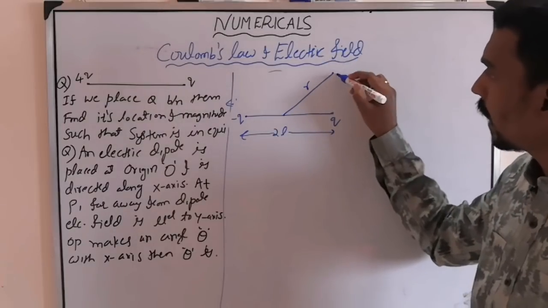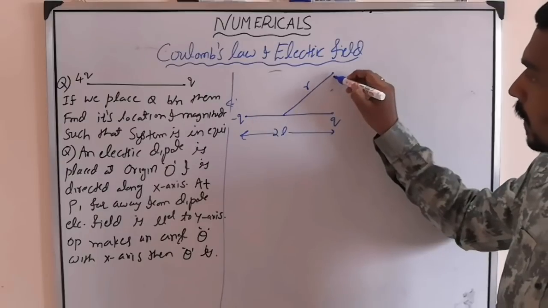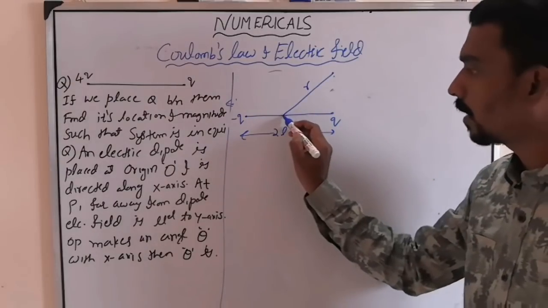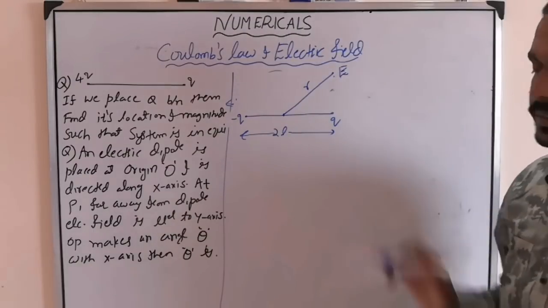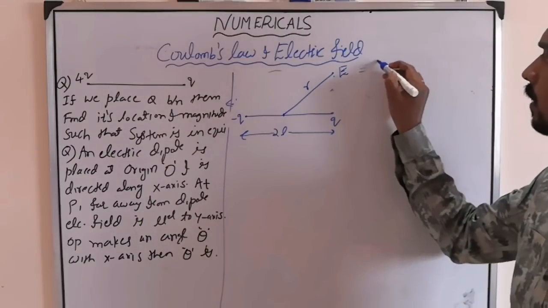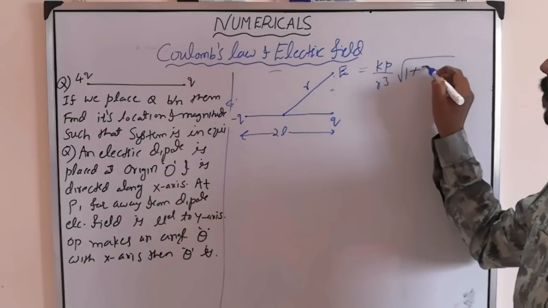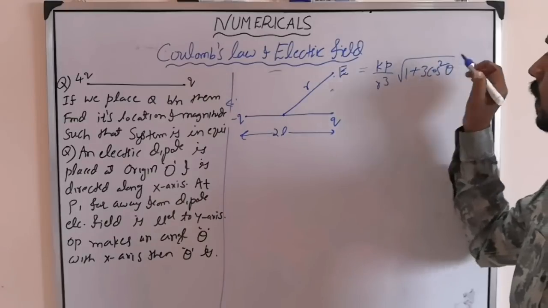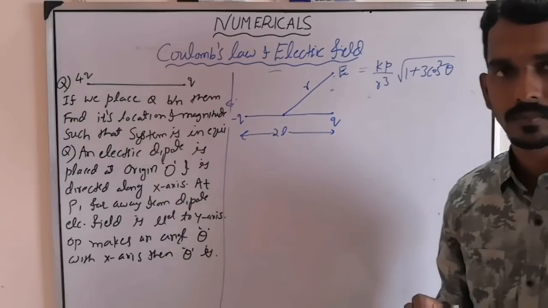And if you consider any random point at a distance r from the center, then the electric field is E, and this value we found out: kp by r cube under root 1 plus 3 cos square theta. This is the formula we have derived.